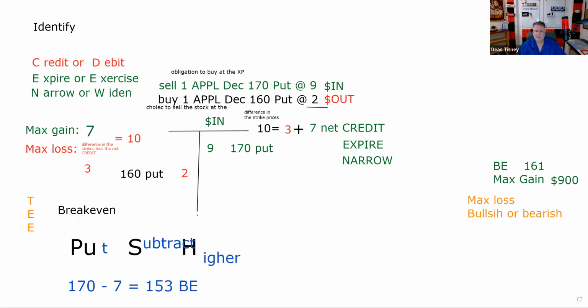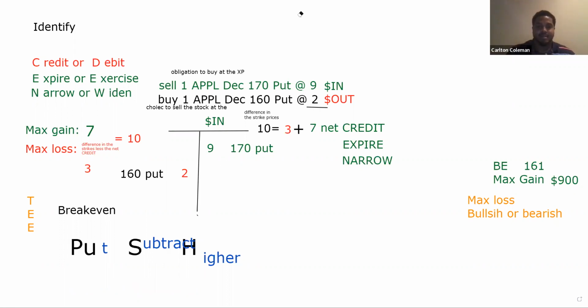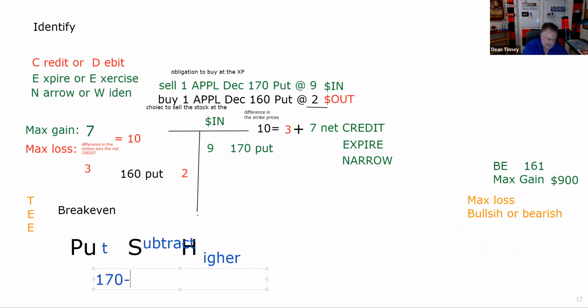Good job. I told you I'm terrible at arithmetic. I should use my calculator. I think you're correct. 170 minus 7 is indeed 163. Let's fix that. Boom. I was just seeing if you're paying attention.